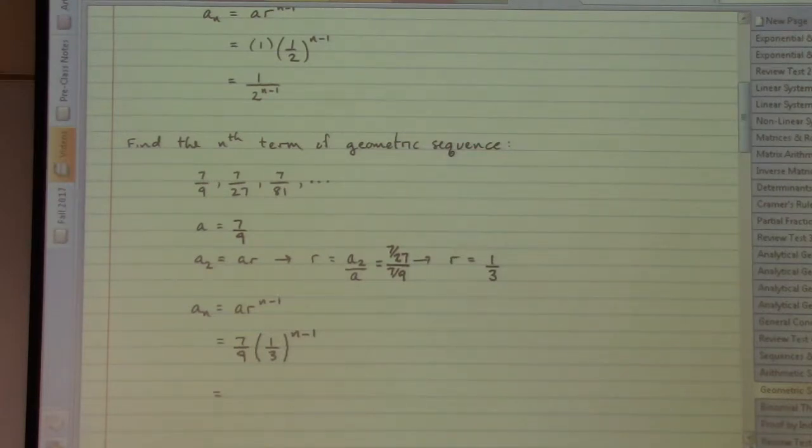Again, we can use our rules for exponents and come up with a 1 on the top and a 3 to the power of n minus 1 down there on the bottom, still with the 7 over 9 out in front of that.